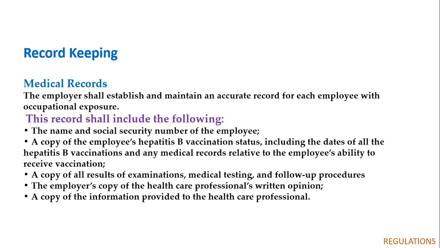Then the record should include a copy of all results of examinations, medical testing, and follow-up procedures, the employer's copy of the healthcare professional's written opinion, and a copy of the information provided to the healthcare professional.